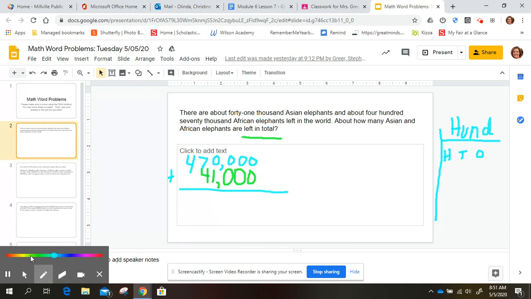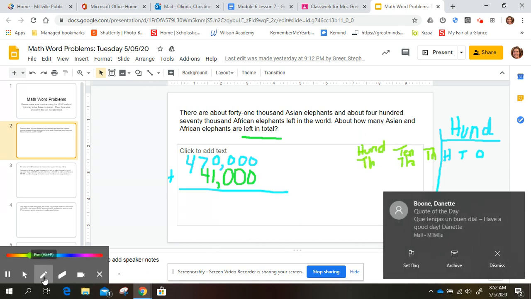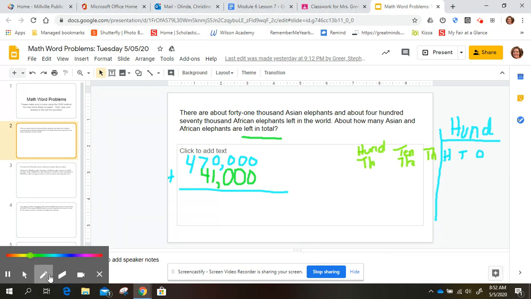And then you go to thousands, 10,000s, and 100,000s. And this is called the thousands period. So if the numbers are in the thousands period, you have to say 1,000. And if the number's in the 100 period, you say 100 at the end.